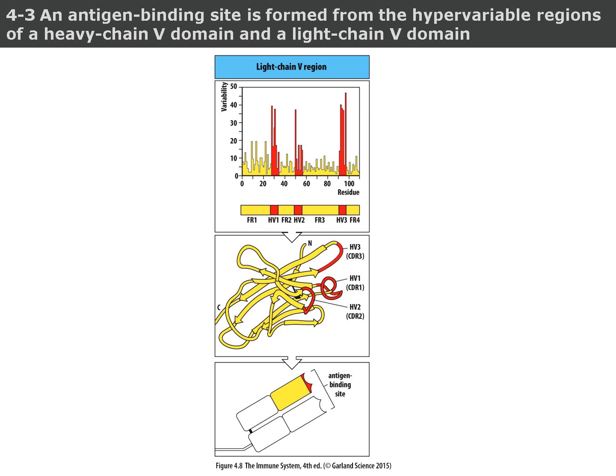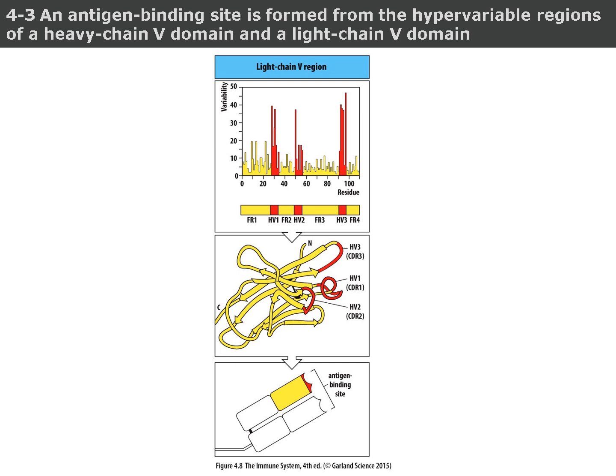In the middle panel, we see the three-dimensional structure of the light chain V region. The red loops represent the hypervariable regions, HV1, HV2, and HV3, also referred to as CDR1, CDR2, and CDR3. These loops project outward from the core beta sheet structure and are key to interacting with the antigen.